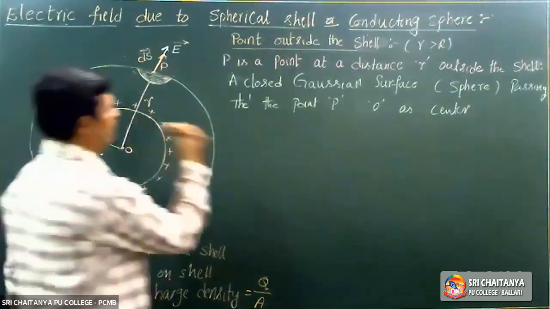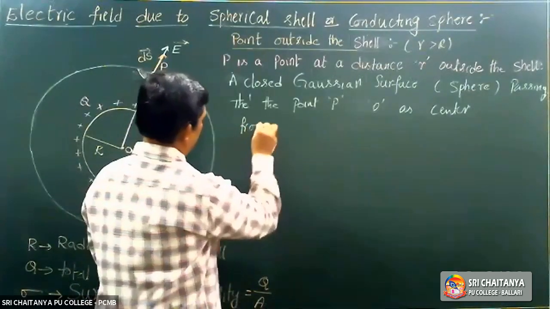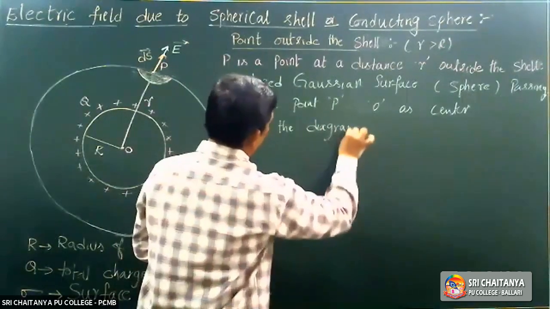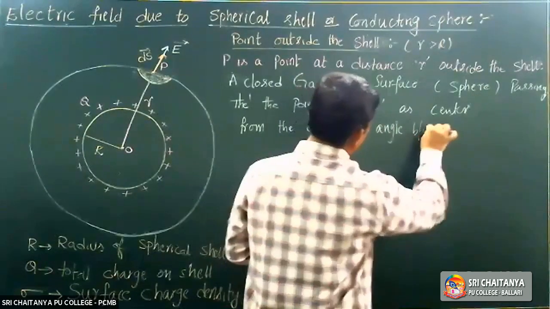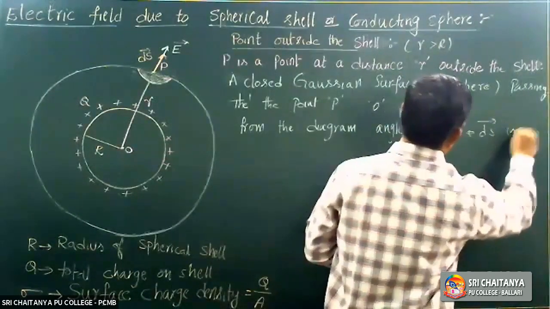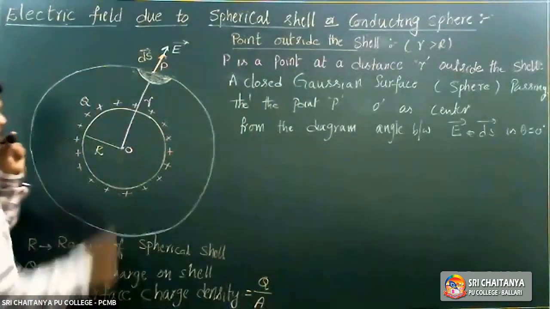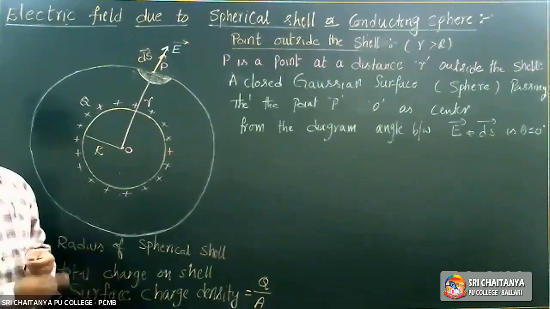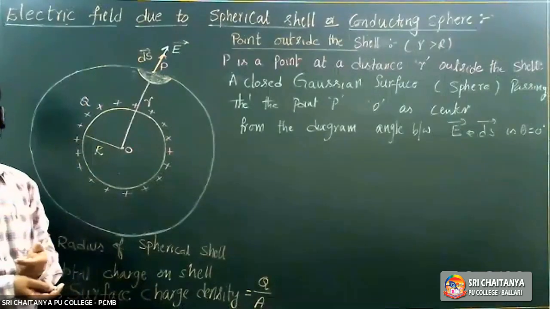Now, from the diagram, the angle between E bar and dS bar, theta, is 0. See here, dS bar and E bar both are parallel. Now, what is the flux through the Gaussian surface?